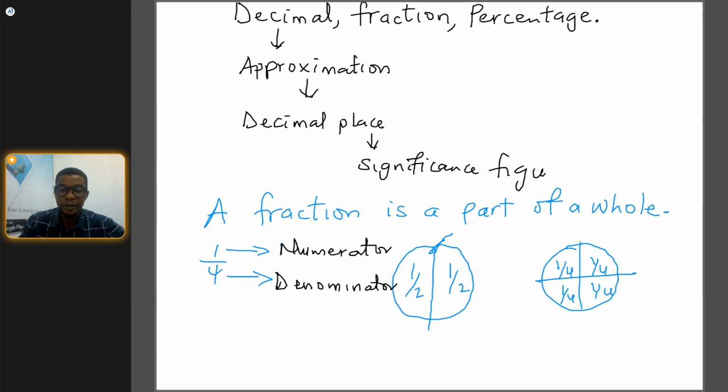I believe you are getting me right. The upper value is called the numerator, and the lower value is called the denominator. And with these two components of a fraction, the numerator and the denominator, we tend to have some types of fraction.